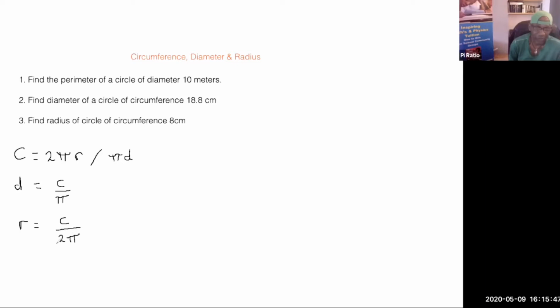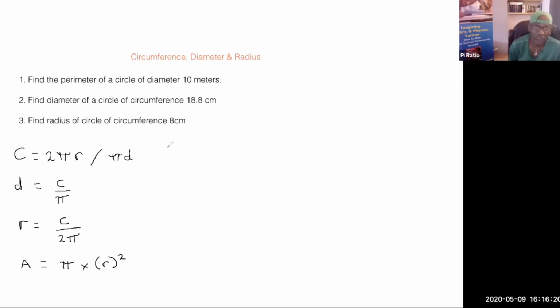And for good measure, I'm going to put area, the big A, and that's going to be equal to pi times radius squared. I've already put that in there if you ever need to find out what formula you need to use. Right, so let's fire away.